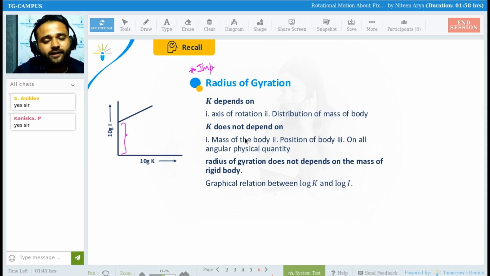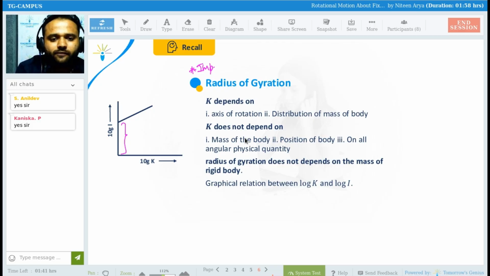Sometimes they can give you this direct curve, and it gives you the direct relationship between log of I and log of k, where k is the radius of gyration, because at that time most students don't know what k is.